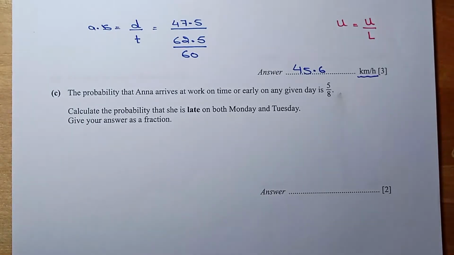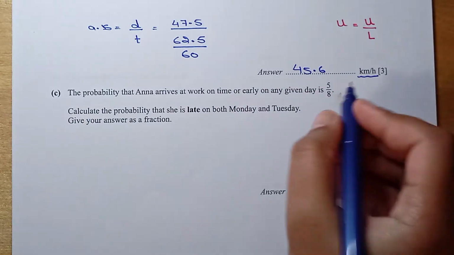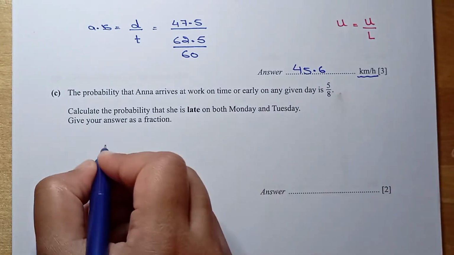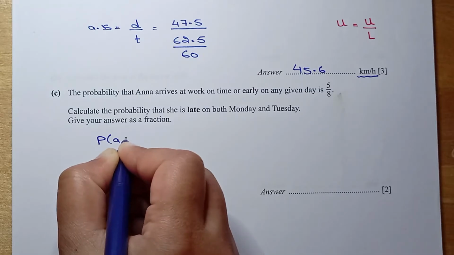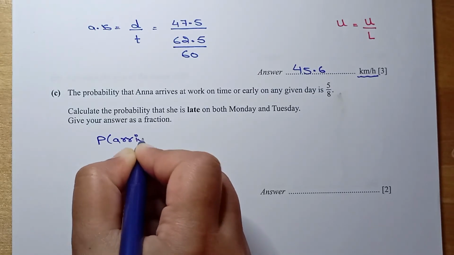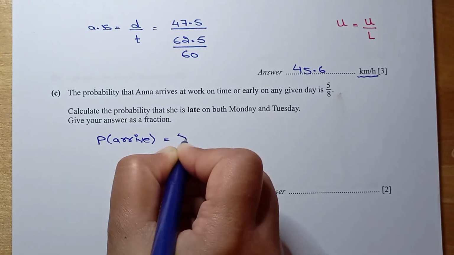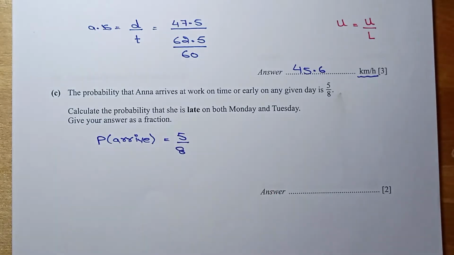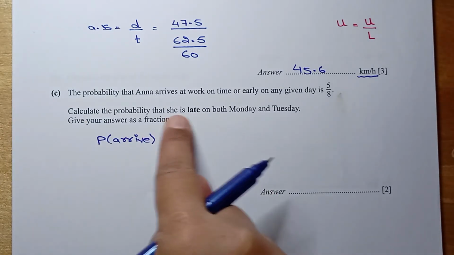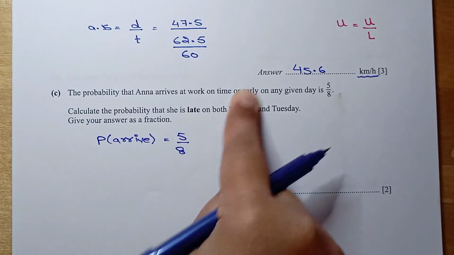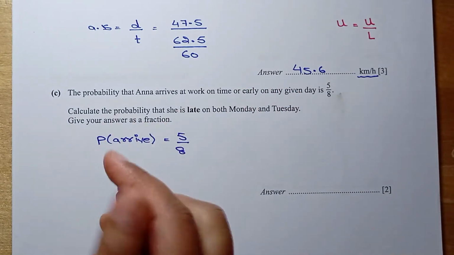In part C, the probability that Anna arrives at work on time or early on any given day is 5 by 8. Calculate the probability that she is late on both Monday and Tuesday. Give your answer as a fraction.